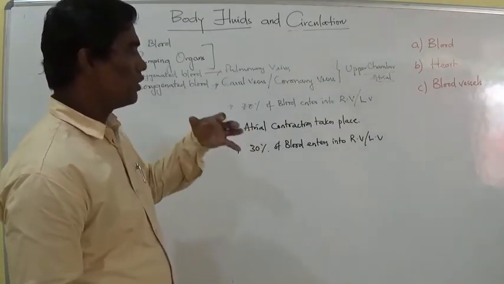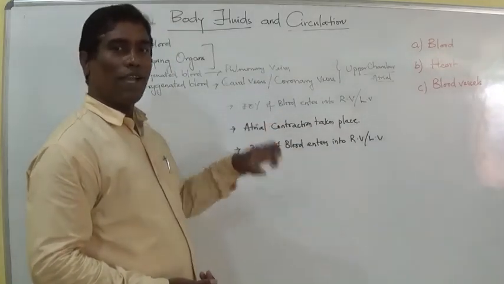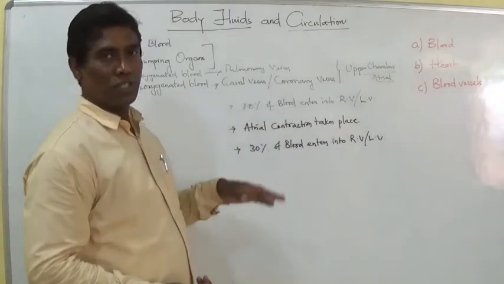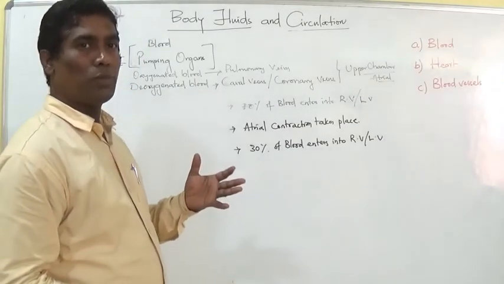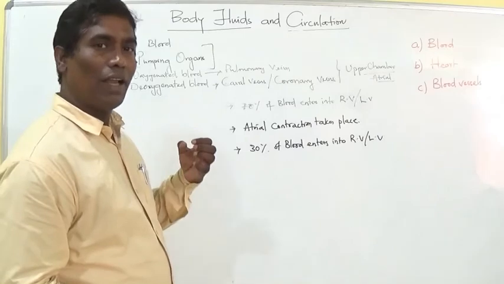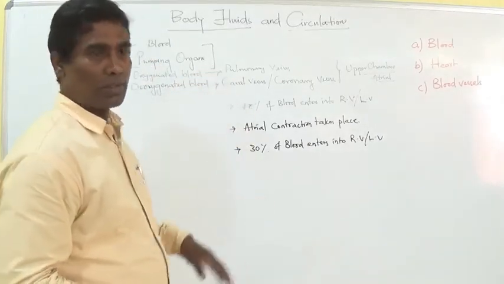The blood enters through the tricuspid and bicuspid valves, which allow the blood to flow from the upper chambers to the lower chambers.